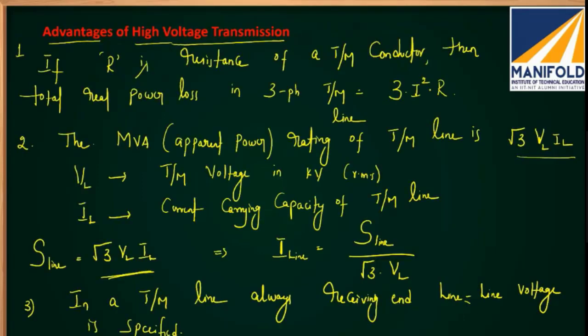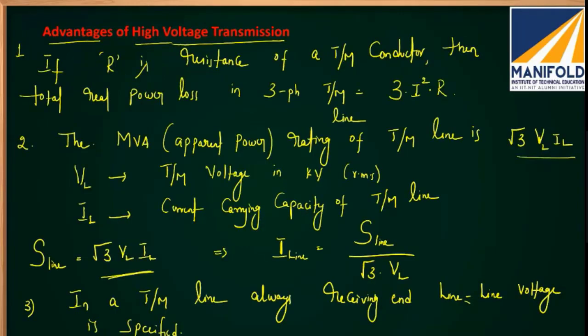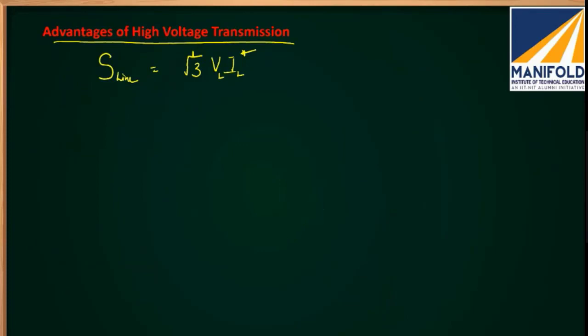Suddenly he asked, sir, why have you kept the conjugate here? When you want the power in terms of magnitude, it is called apparent power. For example, I can write the complex power absorbed by a load as 100 MVA, which is a magnitude. I can also write the complex power absorbed by the load as 80 megawatt plus j60 MVAR.